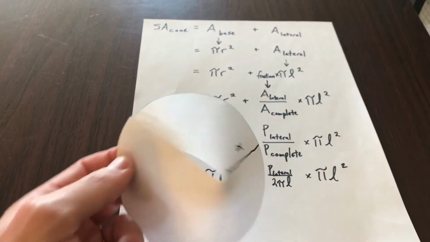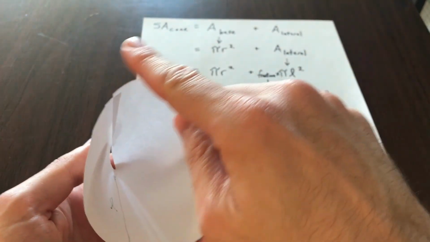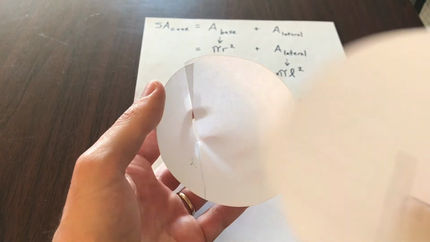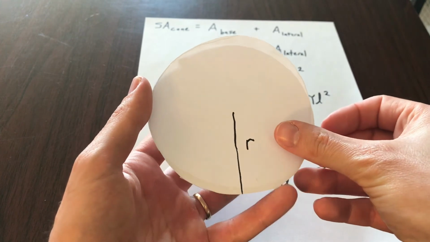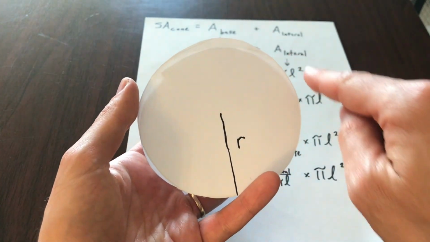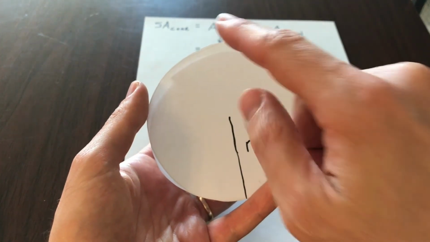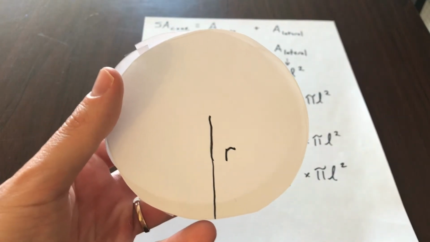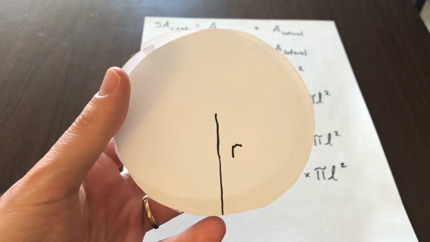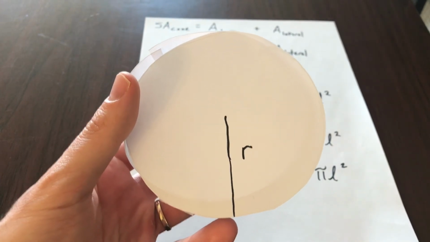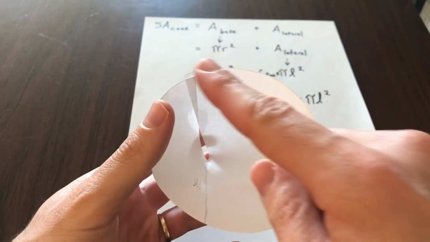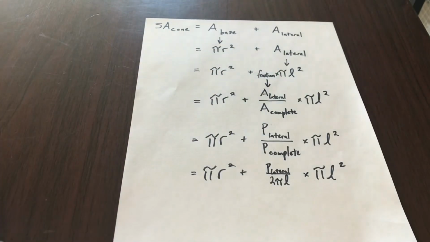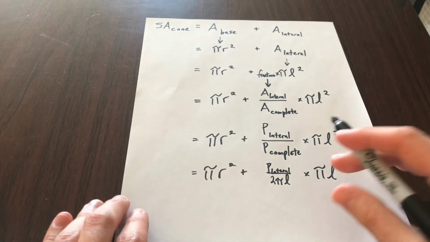Notice that the perimeter of the lateral surface is the same as the circumference of the base of the cone. Therefore, the circumference of the base is 2 pi r, which again is equal to the perimeter of the lateral surface. So we can go and plug that into our equation.